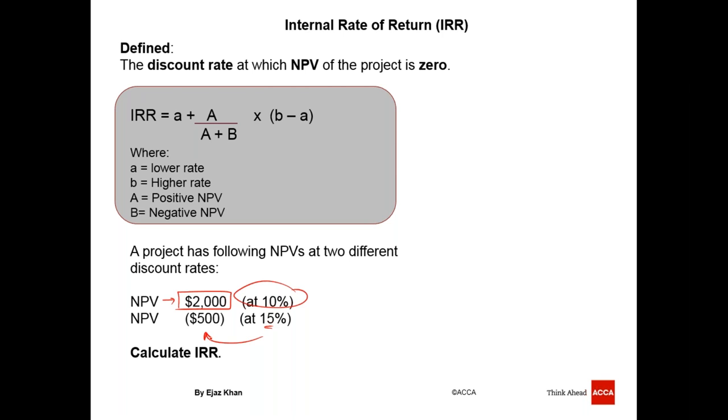So according to this project's NPV, this project is giving us a higher return than 10%. But at the same time, when we discounted this project at 15%, we got a negative NPV, which tells us that this project is giving us a lesser return than 15%. So the return of this project is somewhere between 10 and 15%. So we can say it's more than 10%, but less than 15%. But what actually the return is, we don't know.